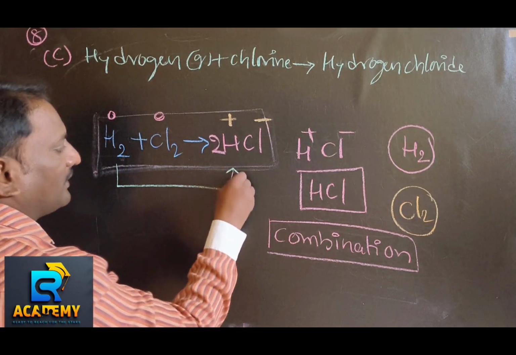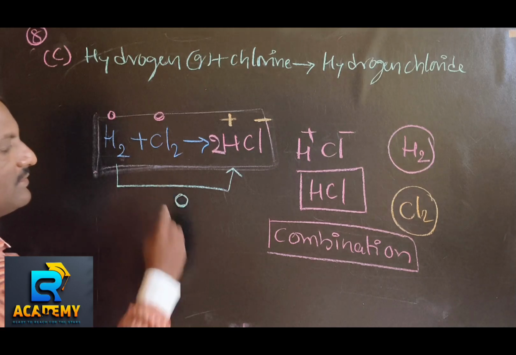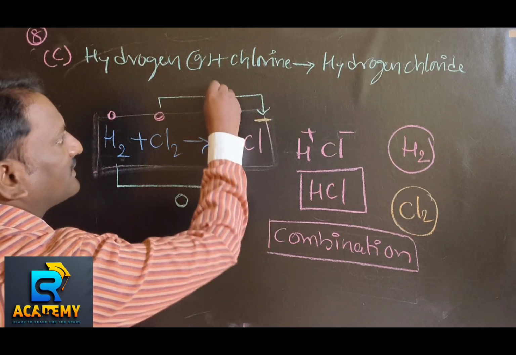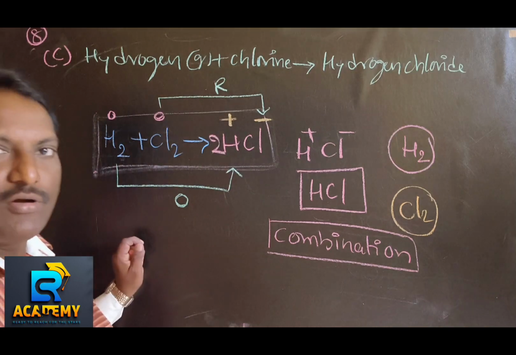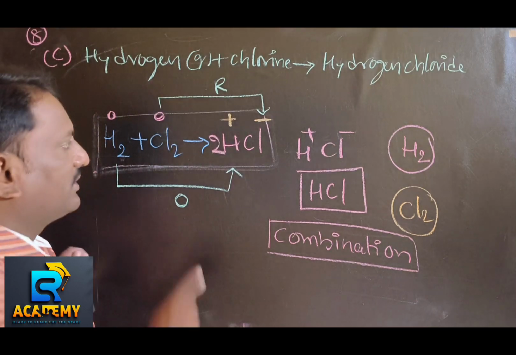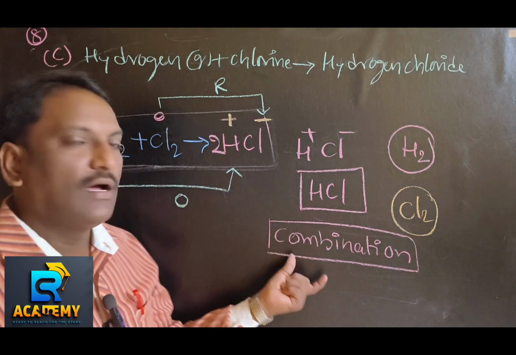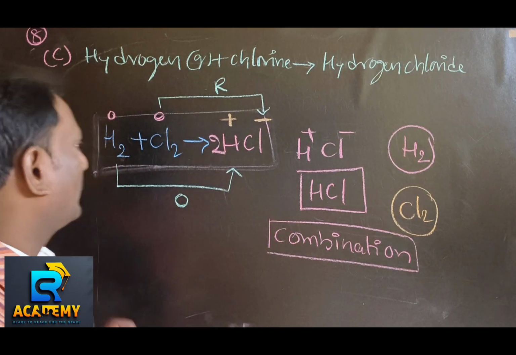Hydrogen 0 to +1, an increase in oxidation state, is oxidation. Chlorine 0 to -1, a decrease, is reduction. Reduction and oxidation occur simultaneously, so it is called a redox reaction. It is a redox reaction and at the same time a combination reaction.